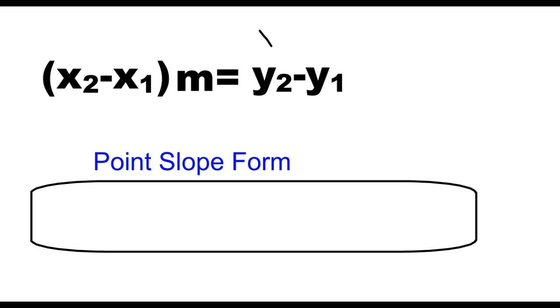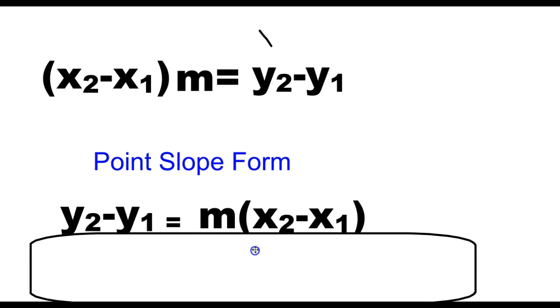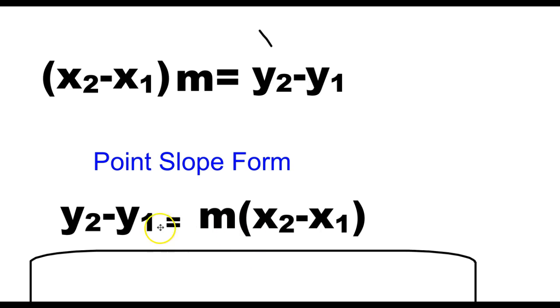We typically don't write the m and the x's on the left side, but you could, it doesn't really hurt. So normally we write it like this, and usually we drop the 2 and the 1 subscripts, because it just becomes simply y minus some number equals the slope times x minus some number.